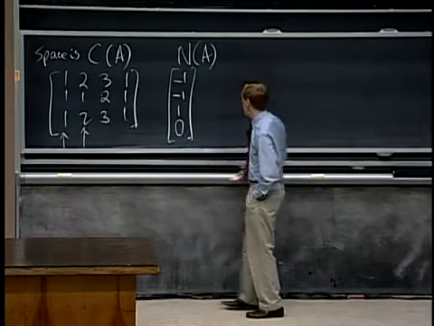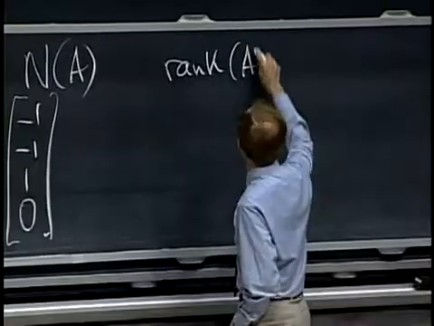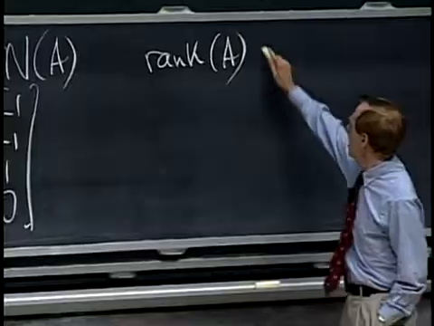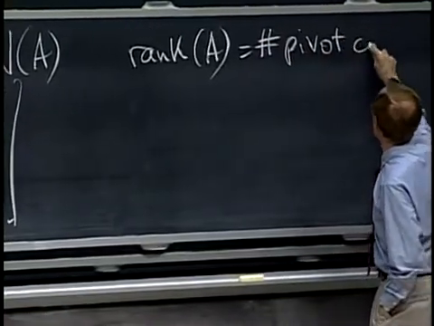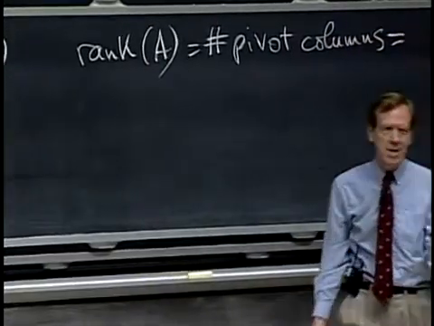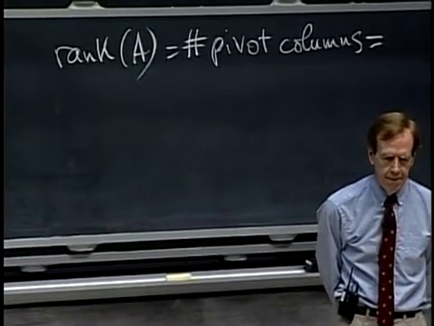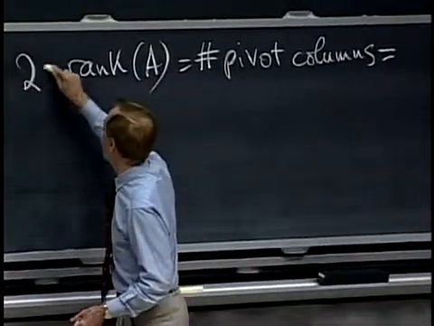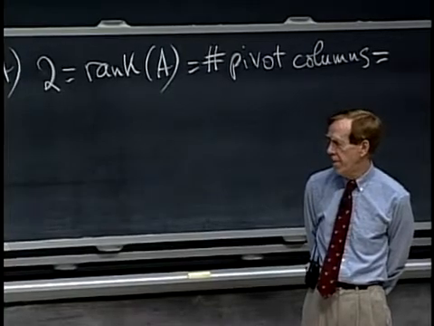And now that rank, we now have another word. We have a great theorem here. The rank of A, that rank R, is the number of pivot columns, and it's also, well, now please use my new word. It's the number 2, of course. 2 is the rank of my matrix.